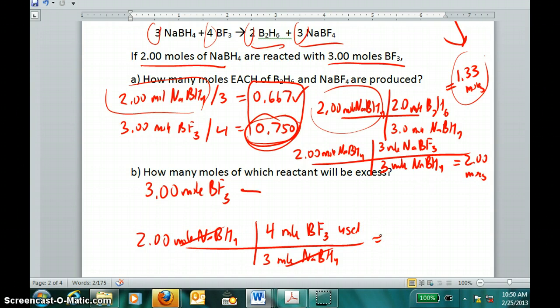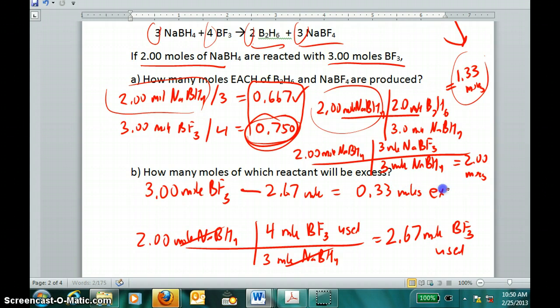And so of course, it means I'll use 2.67 moles boron trifluoride used. And then I can figure out what's left over, because if I started with 3 moles and I use up 2.67 moles, I will be left with 0.33 moles of excess boron trifluoride.